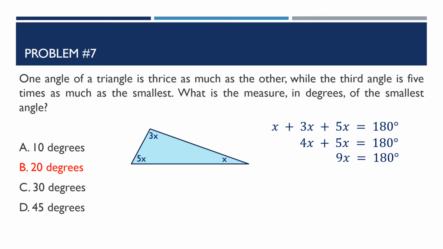Then we divide both sides by 9 so that the 9 is cancelled and x is left alone on one side. So 180 divided by 9 is 20. That's why the answer is 20 degrees.